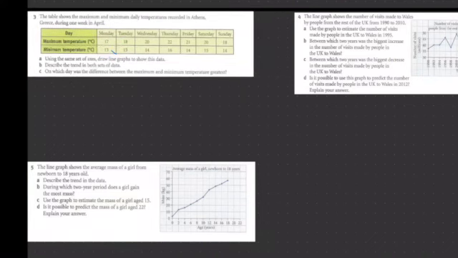The table shows the maximum and minimum daily temperatures recorded in Athens, Greece during 1 week in April. Use the same set of axes, draw line graphs to show this data. Same set of axes means that we draw only one graph and then we put both inside.